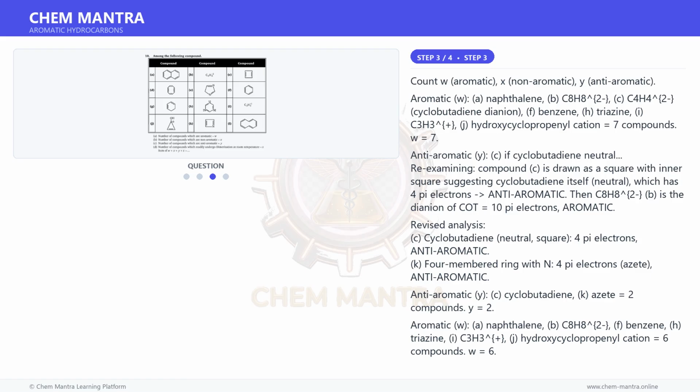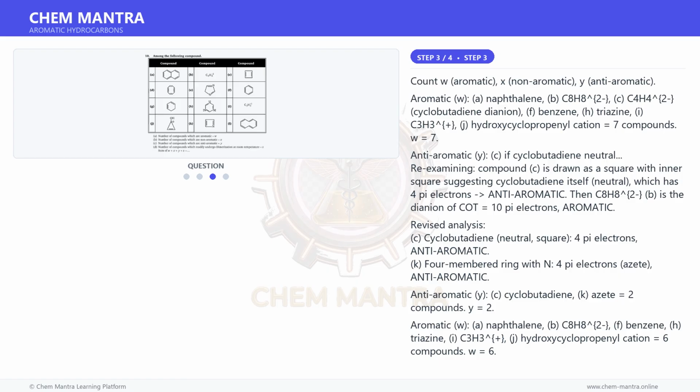Anti-aromatic, Y: C, if cyclobutadiene neutral. Re-examining compound C, it is drawn as a square with an inner square, suggesting cyclobutadiene itself, neutral, which has 4 pi electrons, anti-aromatic. Then C8H8 2-, B, is the dianion of COT, equal to 10 pi electrons, aromatic.